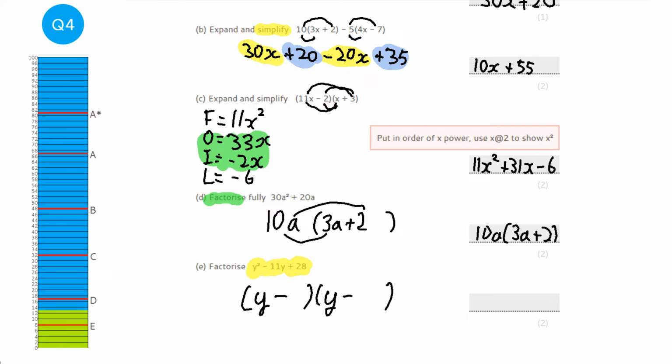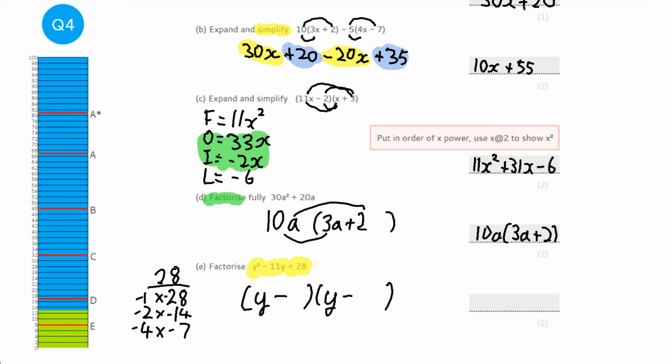Now I'm just thinking, right, numbers that make 28, so I could just do 28 here. So negative 1 times negative 28 is going to be minus 29, so that's not really that close. Negative 2 times negative 14, and that's going to be negative 16, so we're getting closer. What about negative 4 times negative 7?